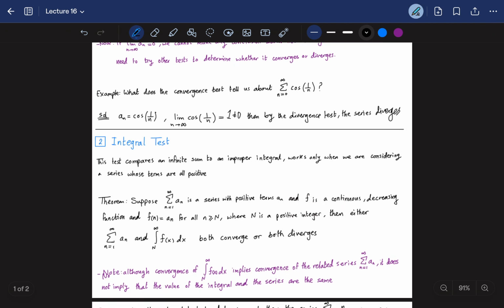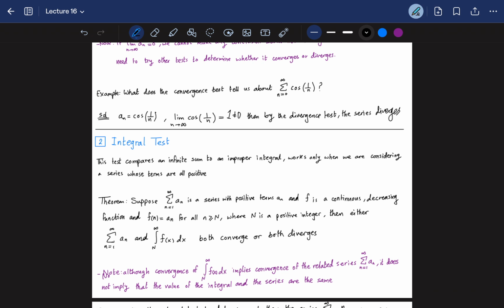Now, the integral test compares an infinite series to an improper integral. The condition for this test to work is that I need to have a series with positive terms only.